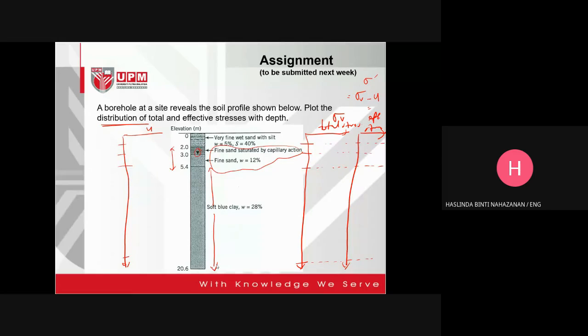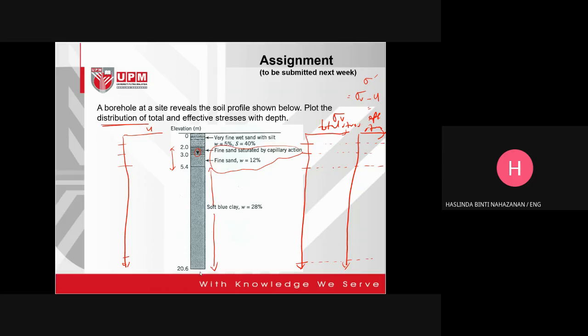So in this assignment, I would like to see the plot of total stress, pore water pressure, and effective stress at all those depths. And I would like to see the plots on real graph paper. Don't use Excel. Can, class? Can.